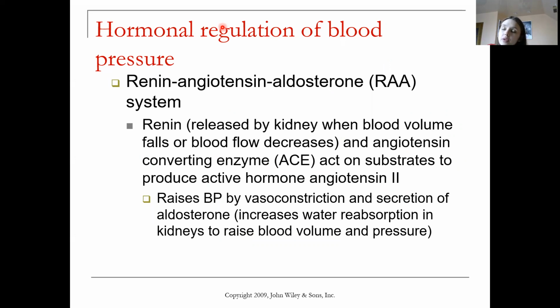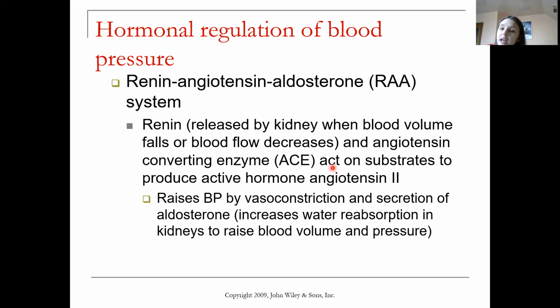An example of long-term regulation of blood pressure is the renin-angiotensin-aldosterone system. Renin is released by the kidney when blood volume falls or blood flow decreases. Angiotensin converting enzyme is an enzyme responsible for converting angiotensin 1 to angiotensin 2. It's very important. It is a hormone responsible first of all for vasoconstriction, which leads to increased blood pressure.